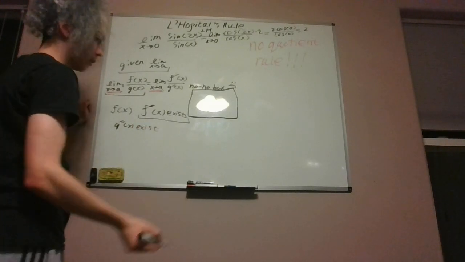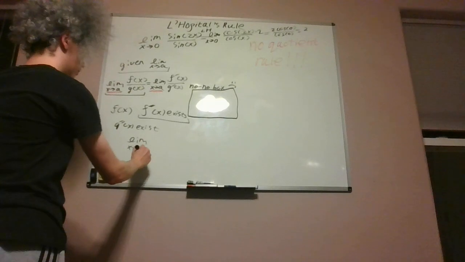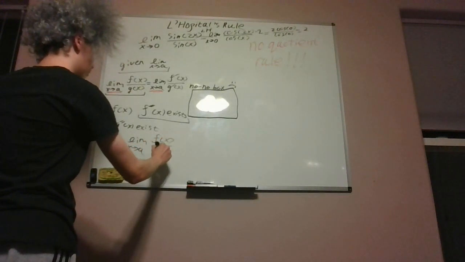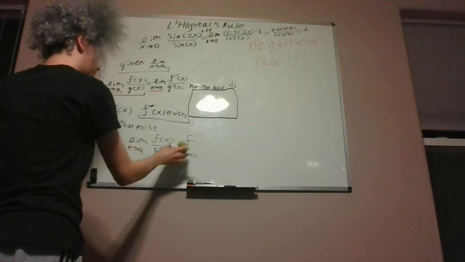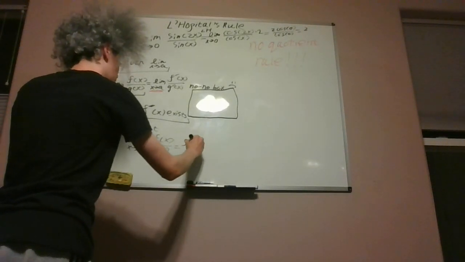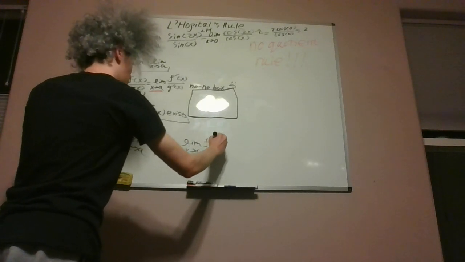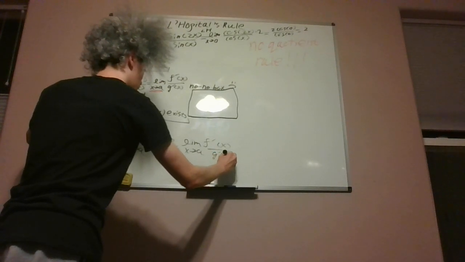You can go further. The limit as x approaches a of f of x over g of x is going to be equal to the limit as x approaches a of f prime of x over g prime of x, right? This is our normal L'Hopital's rule.